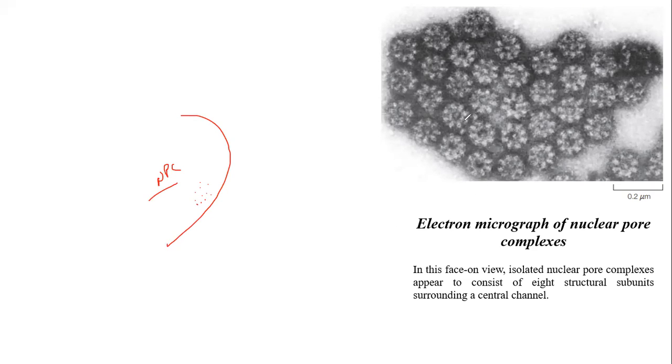Those are nothing but a number of helical integral proteins, of which eight are present: 1, 2, 3, 4, 5, 6, 7, 8. So like this, there is a flower-like structure with 8 structural subunits, and this portion is the pore from which the molecules are getting transported.